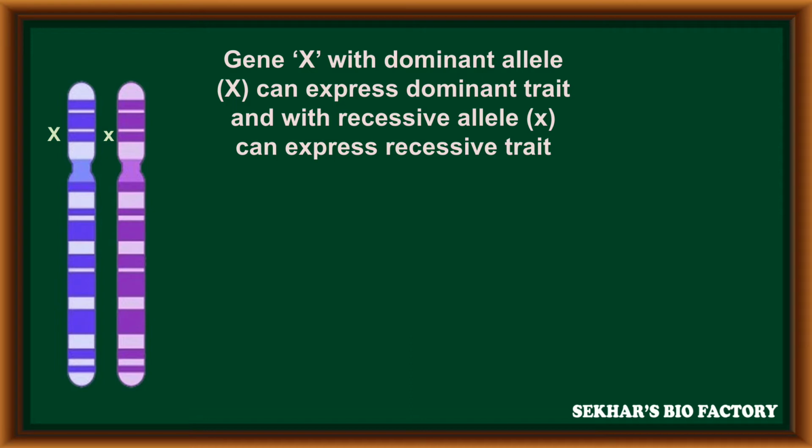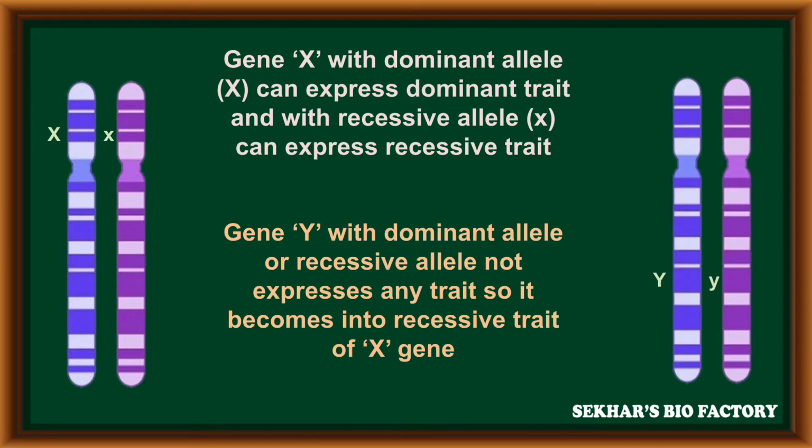Here, one of the genes is called gene X. Gene X with the dominant allele capital X can produce the dominant trait. In a similar way, the recessive allele with a small x can express the recessive trait. Along with that, there is one more gene called gene Y. Gene Y itself, whether present in dominant or recessive condition, never expresses any phenotypic character.